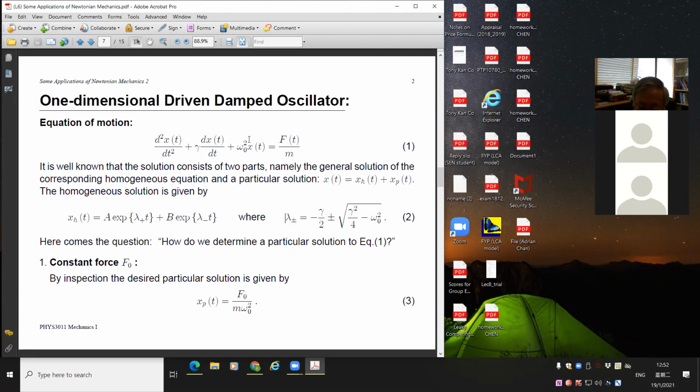And this constant cannot be arbitrary. It must be equal to this, otherwise it won't work. It is not a solution of this equation. So when we have a constant force, a desirable particular solution is given by this. It is a constant.